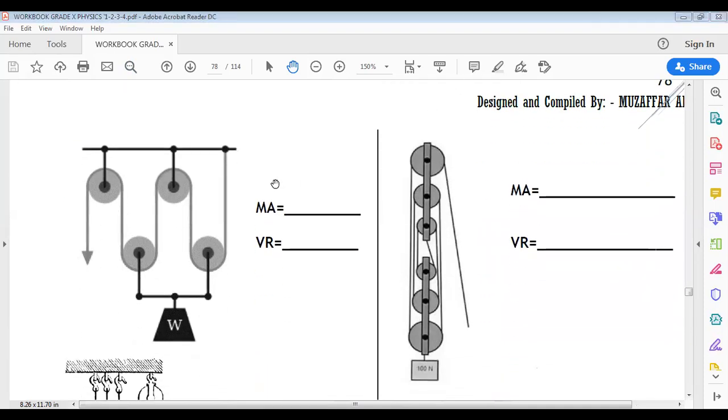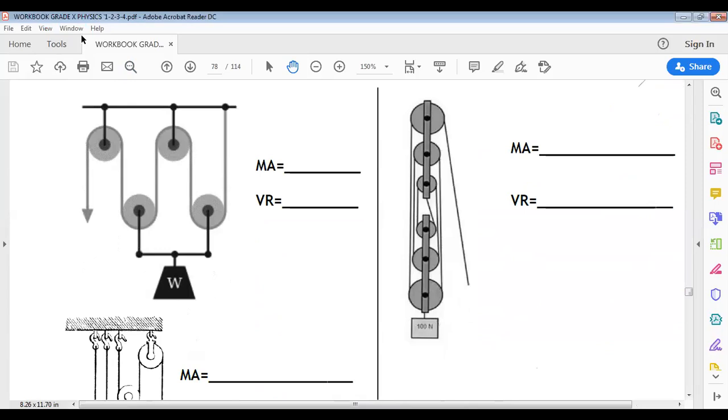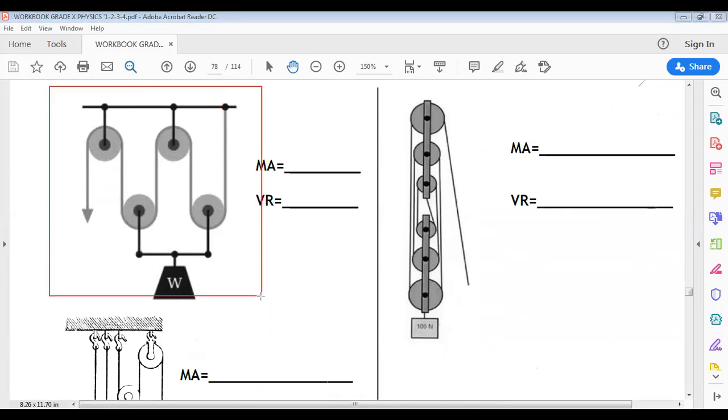So let's talk about this one now. See which one I'm selecting and then you give the answer. I'm selecting this one. Yes, very good. Quickly give your response.